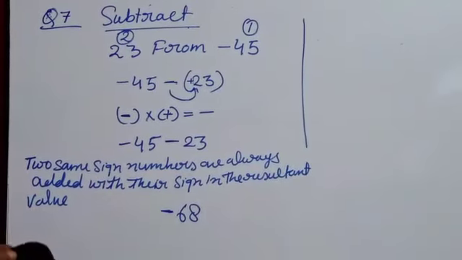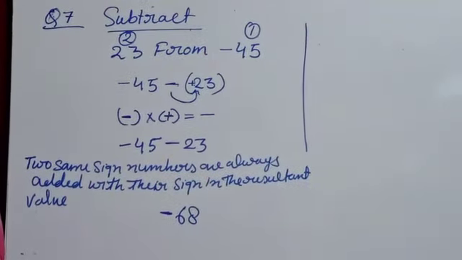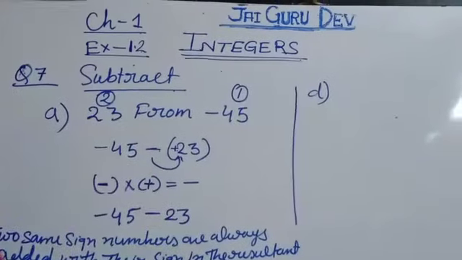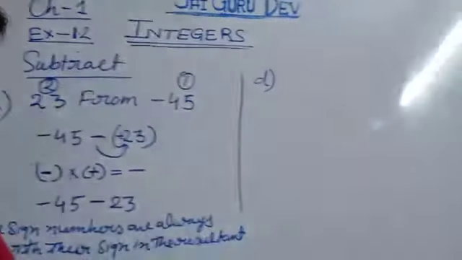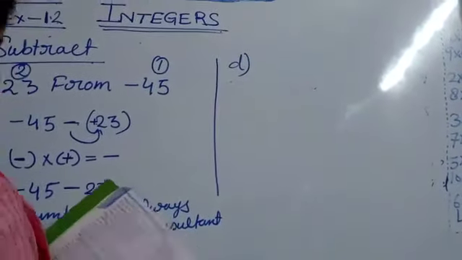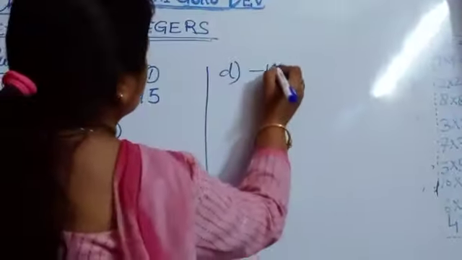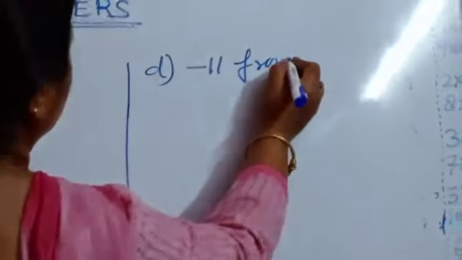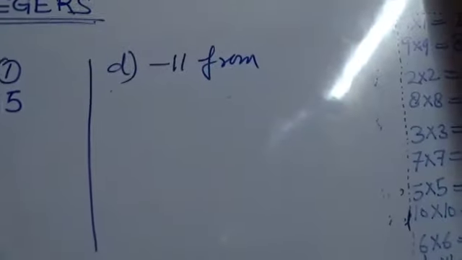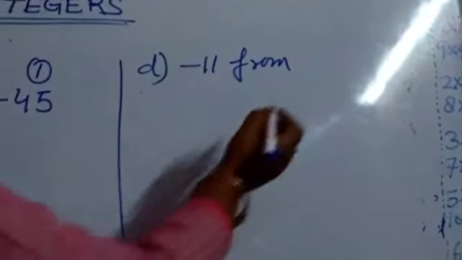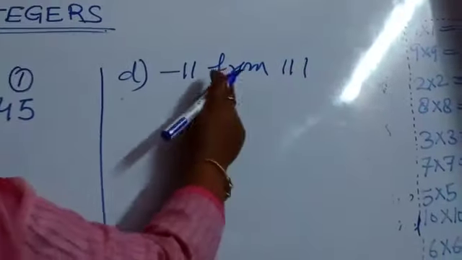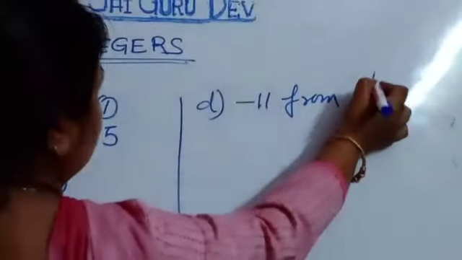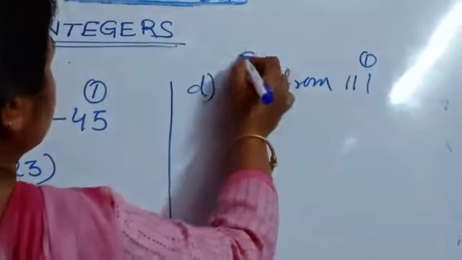Okay. Now just see one more part of this question that I am doing. That was the A part of this question. Now finally I am doing the D part. Minus 11 from 111. Again "from" is there, so you will put 1 here and 2 here.